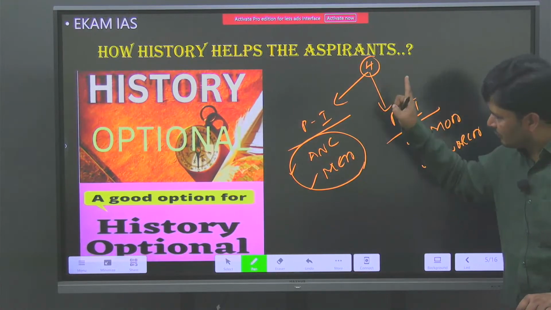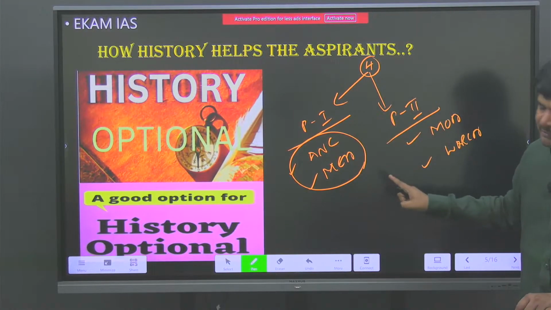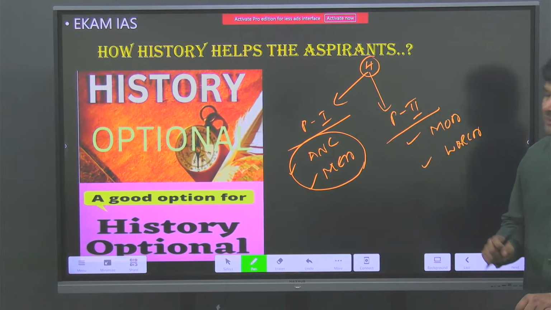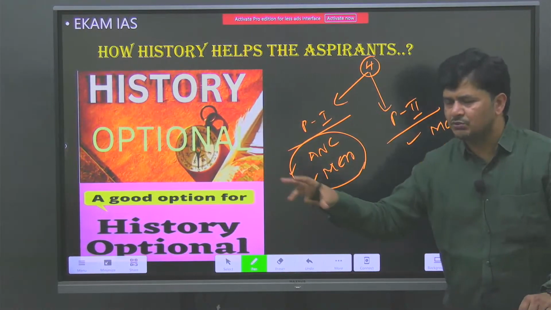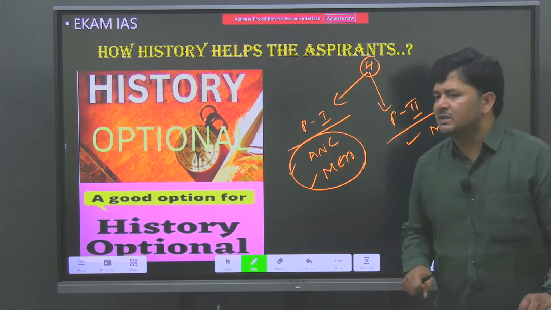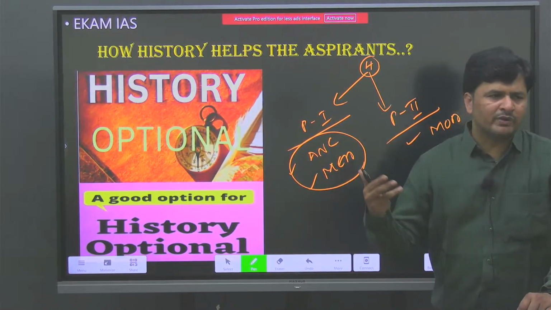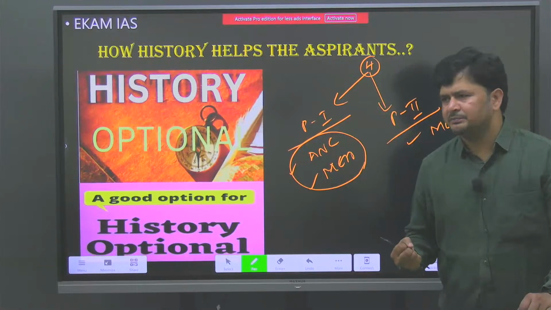For history, paper 1 is ancient and medieval Indian history, and paper 2 is modern Indian history and world history. When I say modern, it includes post-modern, the Nehruvian era, as you study in general studies; we have different technical terms.